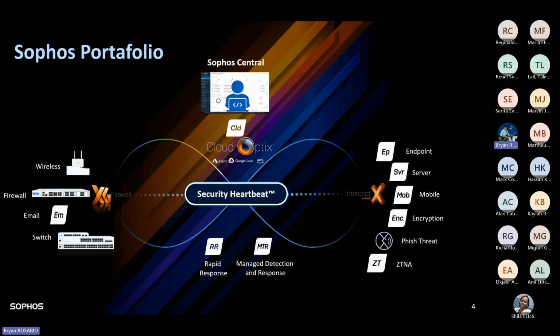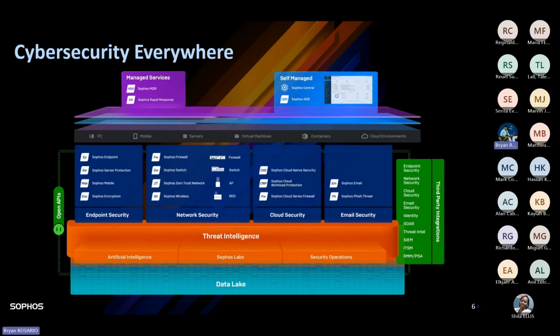Now, the integration that we have within all of these products is what we call adaptive cybersecurity ecosystem, or ACE, in which basically all of the products share information, which is funneled, or this information hydrates the data lake that we have. So all of the information is poured into the data lake.